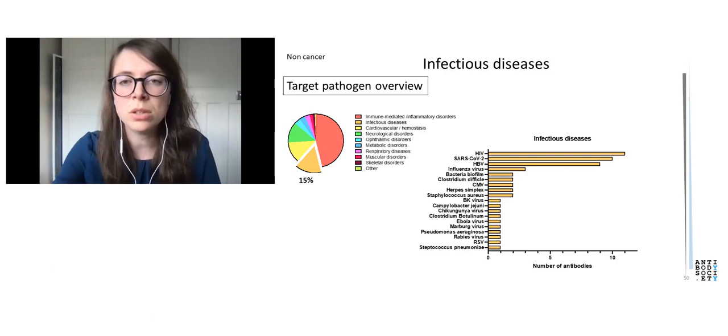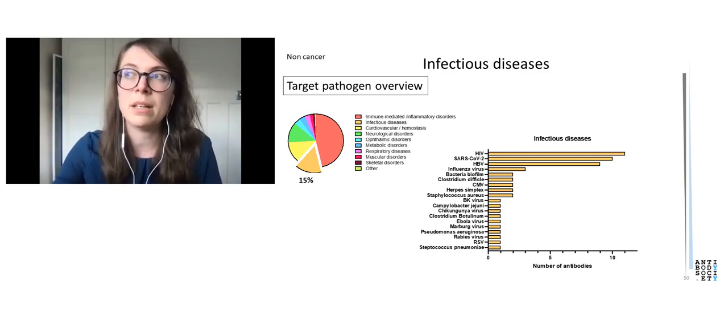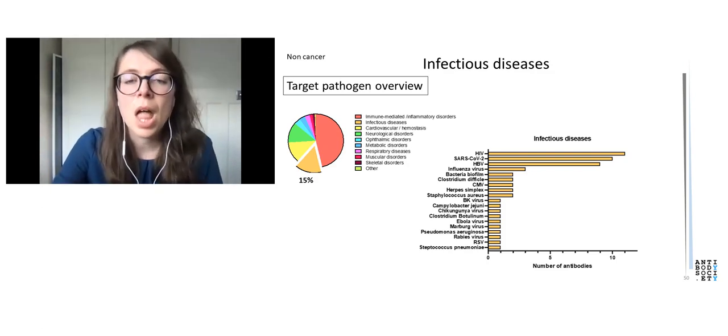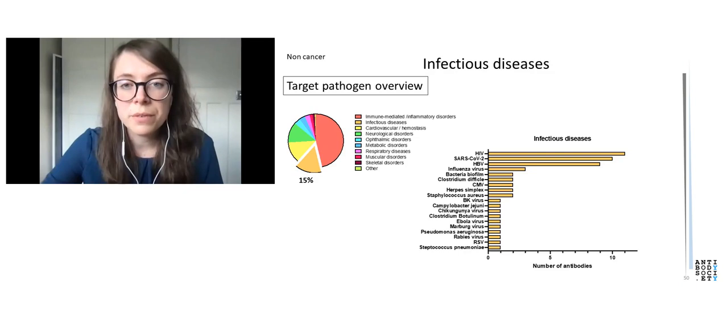We do not include here antibodies which are meant to ameliorate the symptoms of the pathogen infection. These are mainly included in the immune-mediated inflammatory disorders group. So the most frequent target pathogen is HIV, followed by SARS-CoV-2 and HPV.